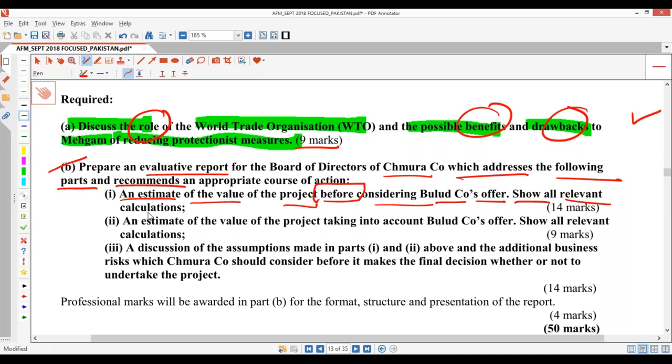Show all relevant calculations. Now this is going to be 14 marks. An estimate of the value of the project taking into account Balut's offer. This is before and after taking into account Balut's offer. Show all relevant calculations. Again, 9 marks.